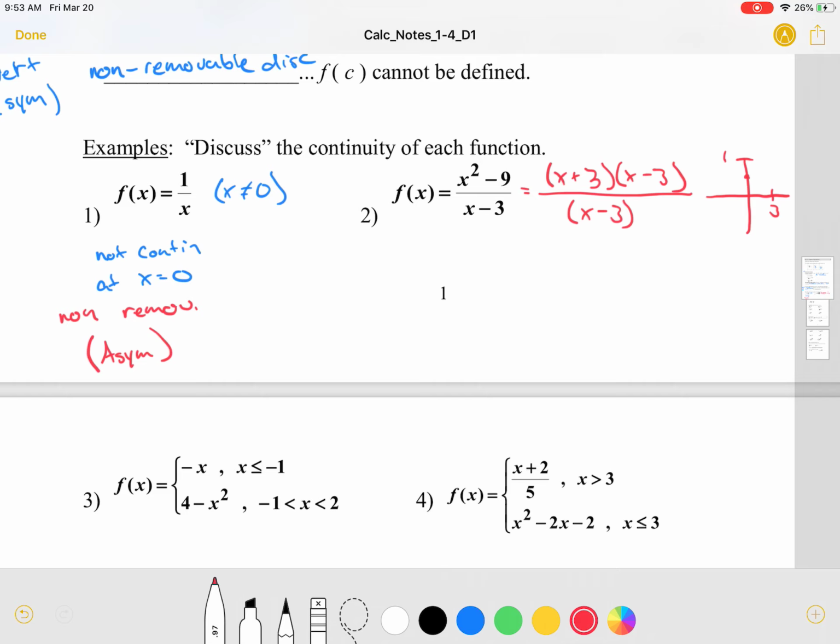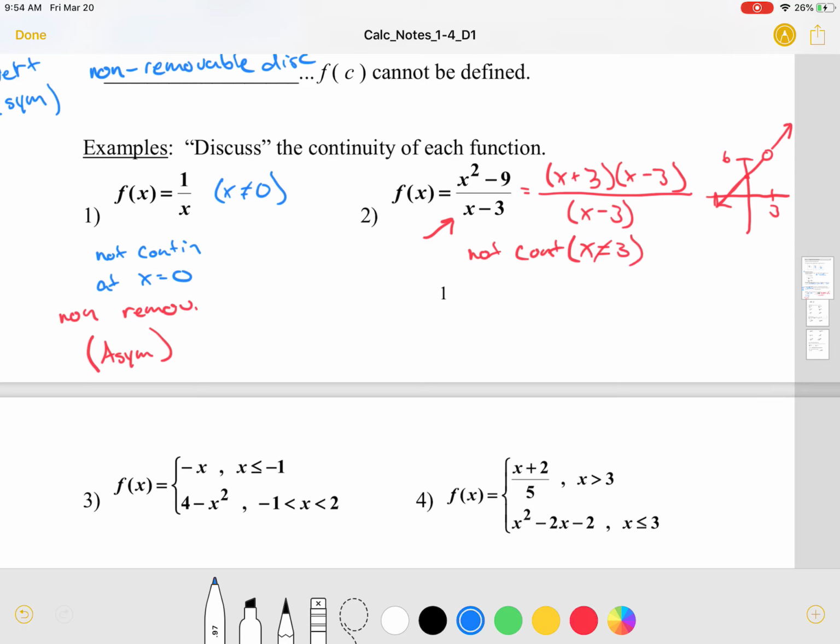Let's make that 3 because we have our hole right there. Okay? So just looking at that graph, it's not continuous. X cannot equal 3 from that graph right there. So we know it's not continuous from the beginning, because x cannot equal 3.